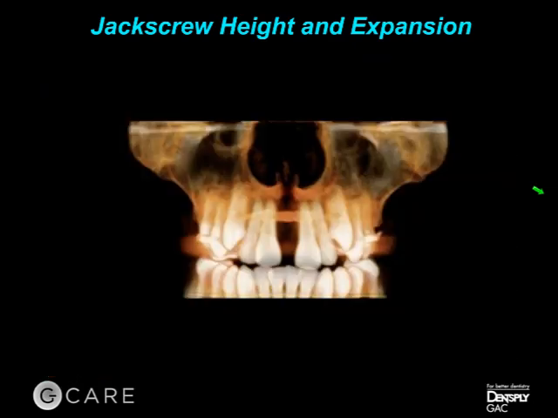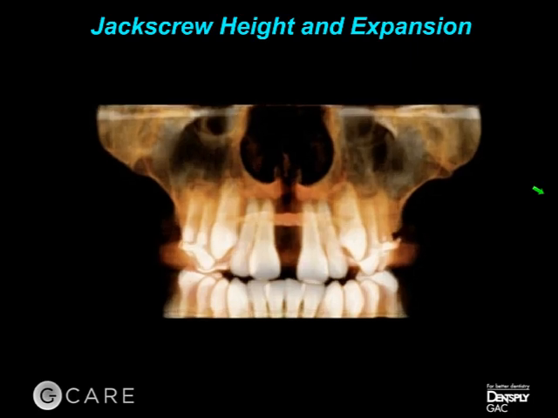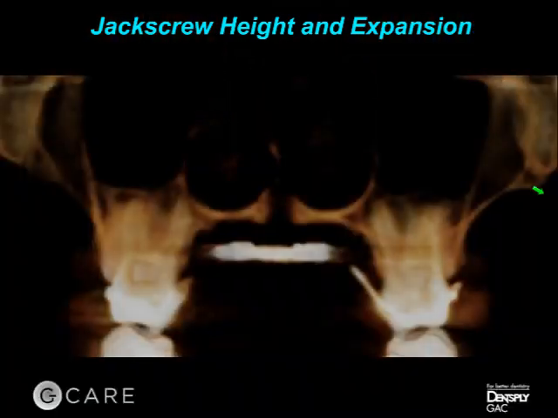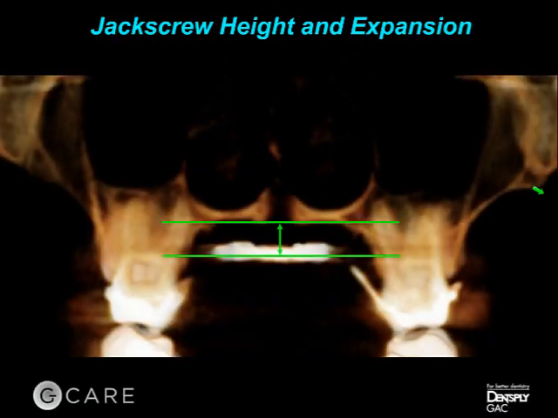If we look at the post-expansion result, this was as high as we could make it, because this is all palatal mucosa in here. What effect does varying this jack screw distance to the maxillary suture have on the amount of expansion that could be done?